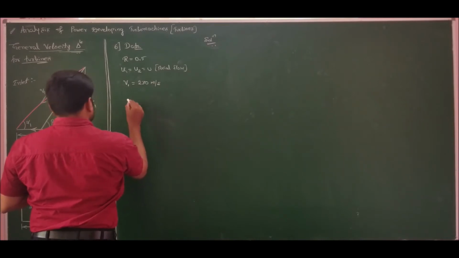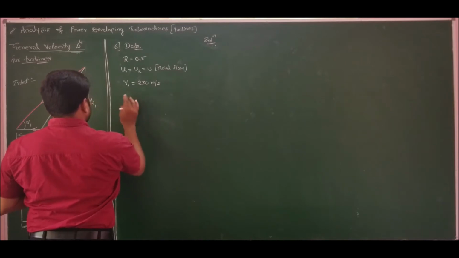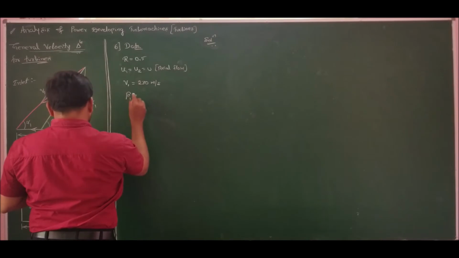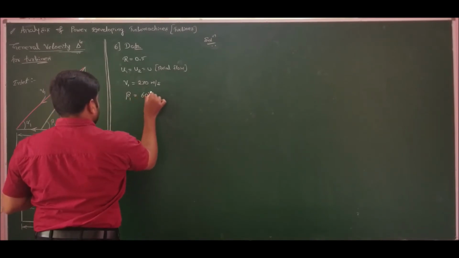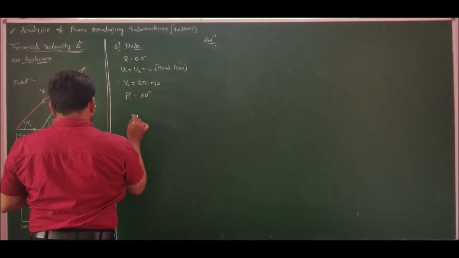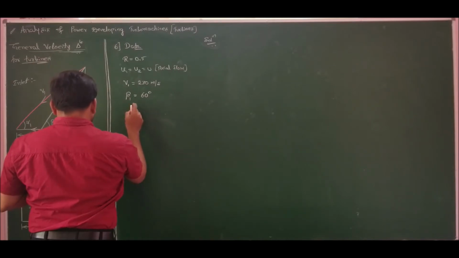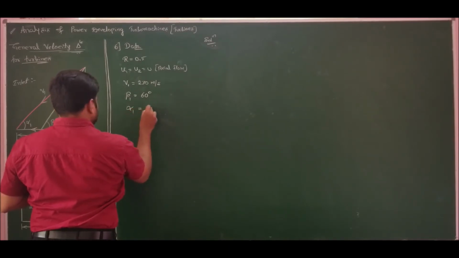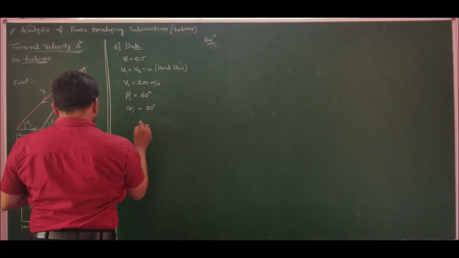Inlet rotor angle is 60 degrees. Rotor is blade, so therefore inlet blade angle beta 1 is 60 degrees. Inlet guide blade angle: guide blades are nothing but nozzles. So the stationary blade or guide blade angle at inlet, that is alpha 1, is 30 degrees.